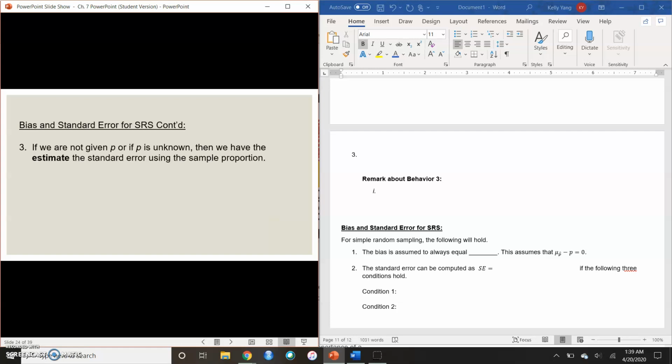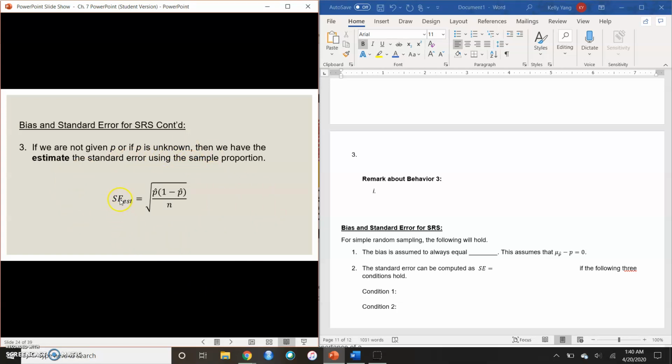Sometimes we might run into an example where we don't know p, or p is not given to us. So the population proportion is unknown to us. But that's not too big of a deal, because what we can do is estimate the standard error using the sample proportion. If we don't know the population proportion, we can always rely on the sample proportion to estimate the standard error. Anytime that the population proportion is not given or is unknown, then we can use this formula right here.